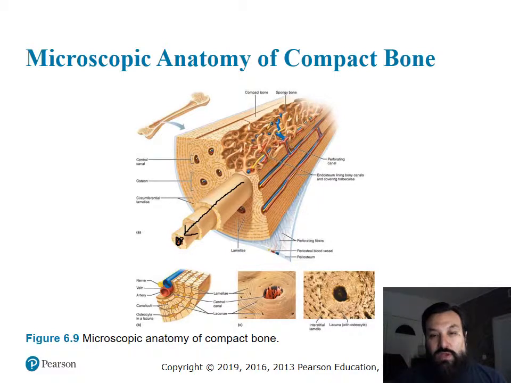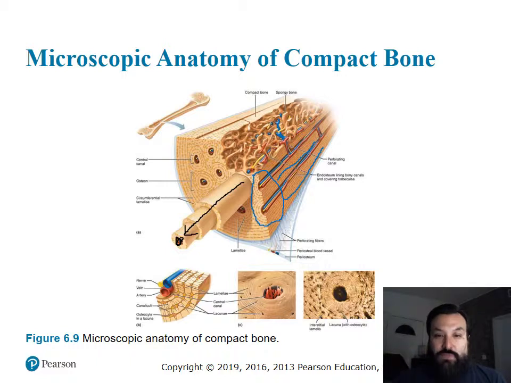And then what they've done on the right side is cut some of the osteons in half. I'll use this blue pin here. They cut the osteons in half so you can see how the central canal runs longitudinally all the way down, along the long axis of the bone there.